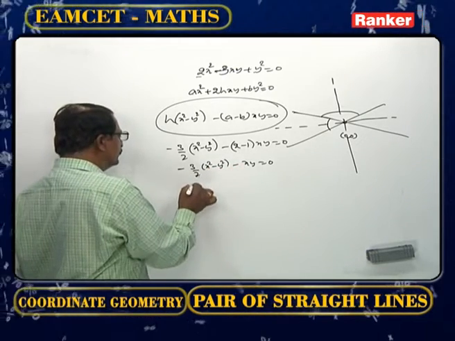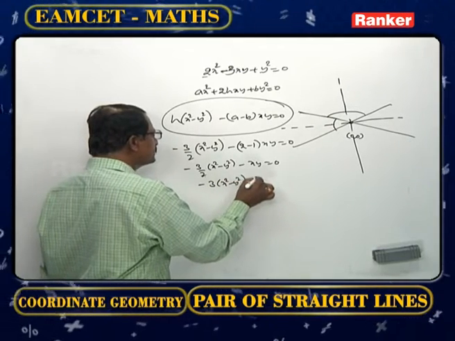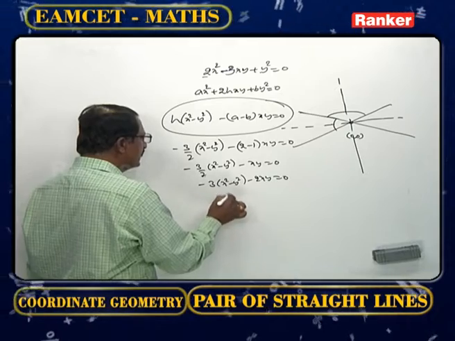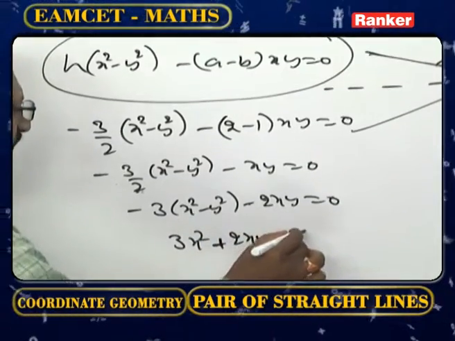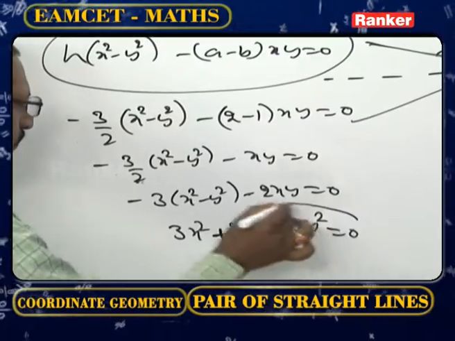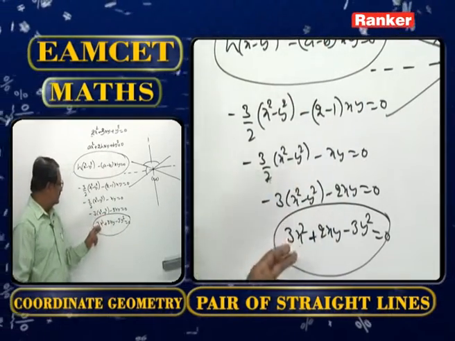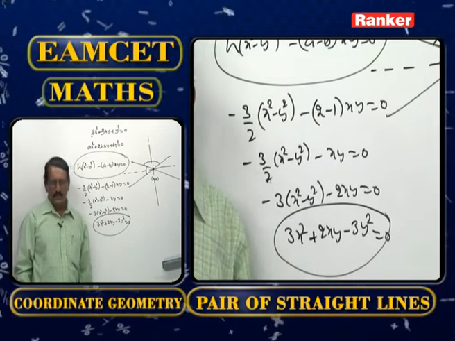Taking LCM as 2, minus 3 into x square minus y square minus 2xy equals 0. Now taking minus common, we get 3x square plus 2xy minus 3y square equals 0. The required equation of the pair of angle bisectors of the given pair of lines is 3x square plus 2xy minus 3y square equals 0. Fourth option.